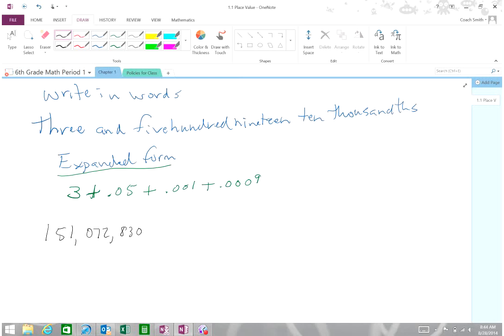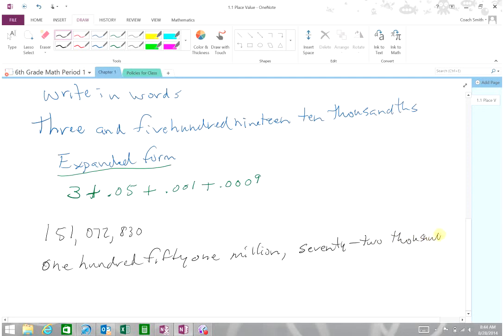How you write this number is simply this way: 151 million, comma, 72,000, comma, 830.